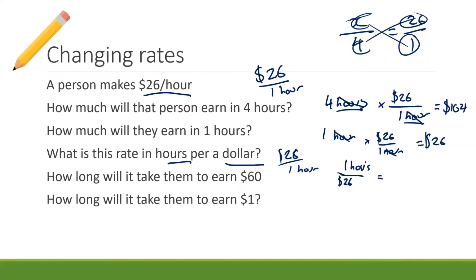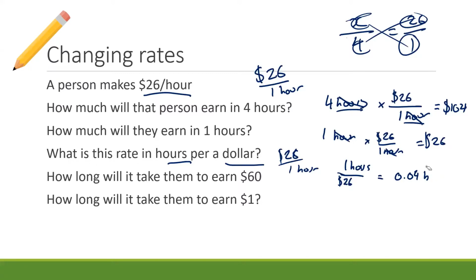So I go 1 divided by 26 means I get 0.04 hours per dollar.